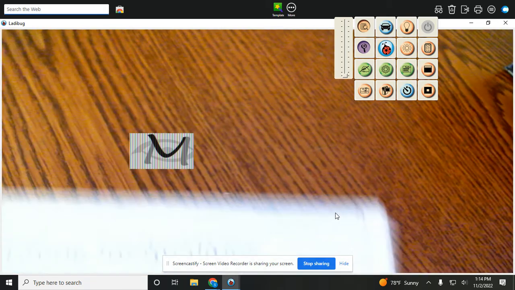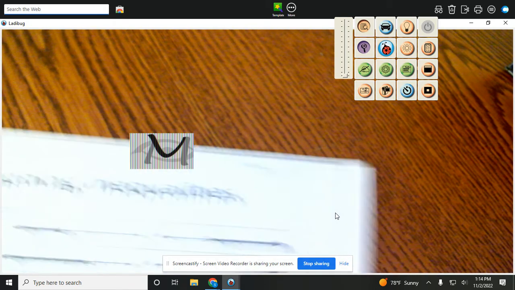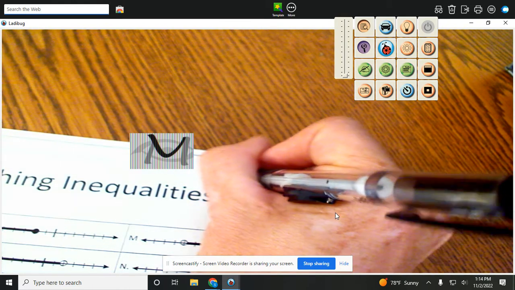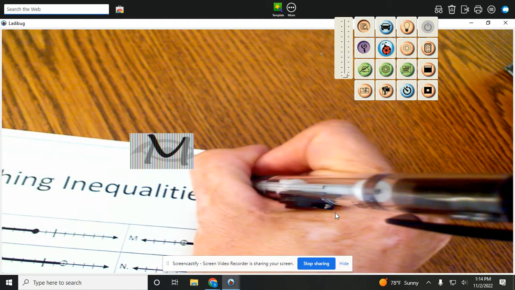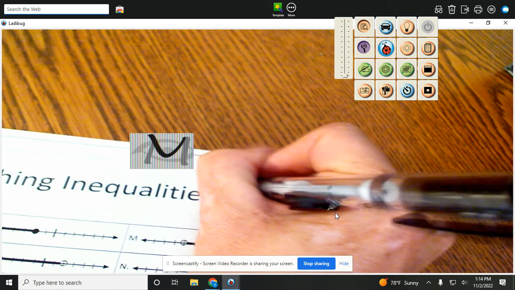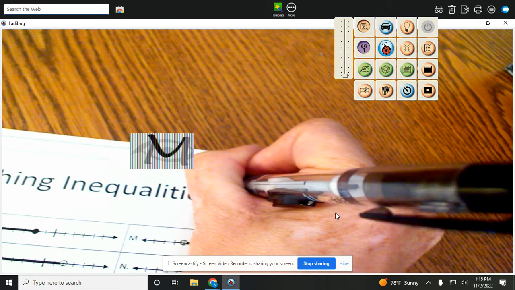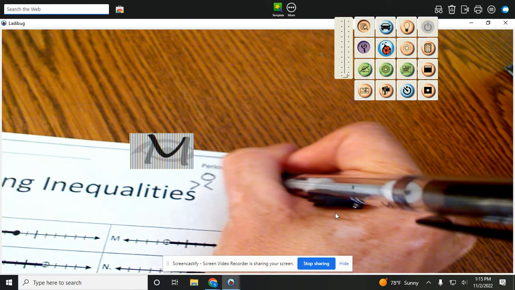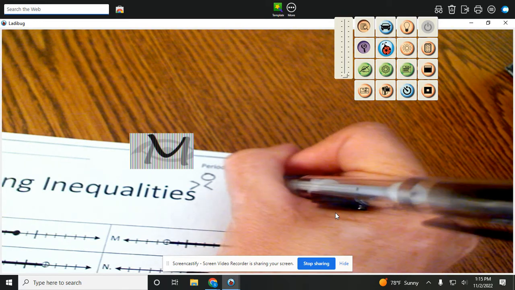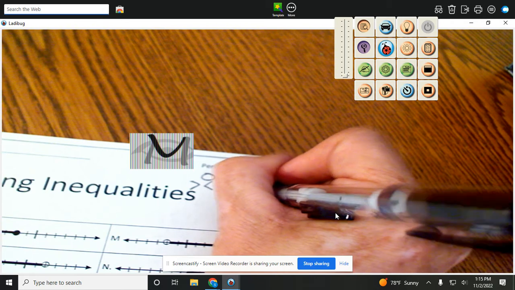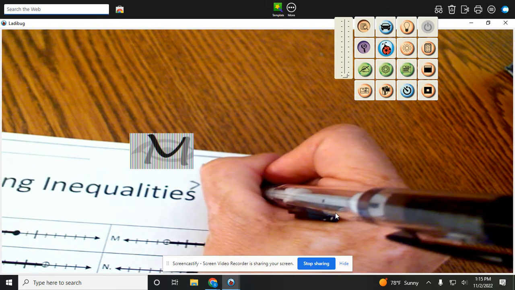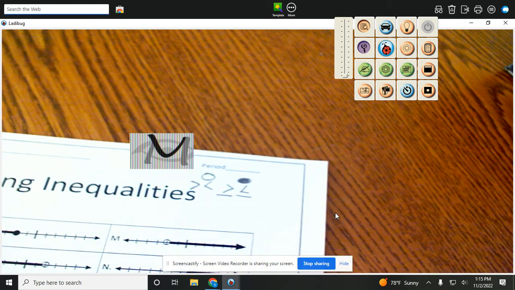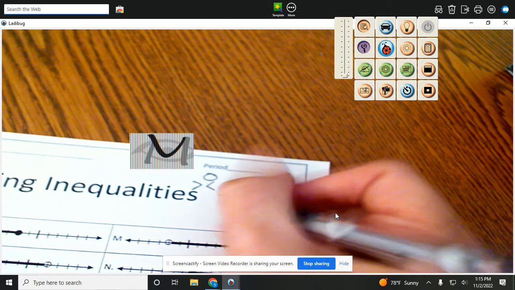Now let's go back over here. First thing that I want you to do is put down our cheat notes. We have our open circle, which means it's just our plain old signs, greater than and less than. We have our fancy black diamond ones, which are less than or equal to or greater than or equal to. We also have 3 little rules.